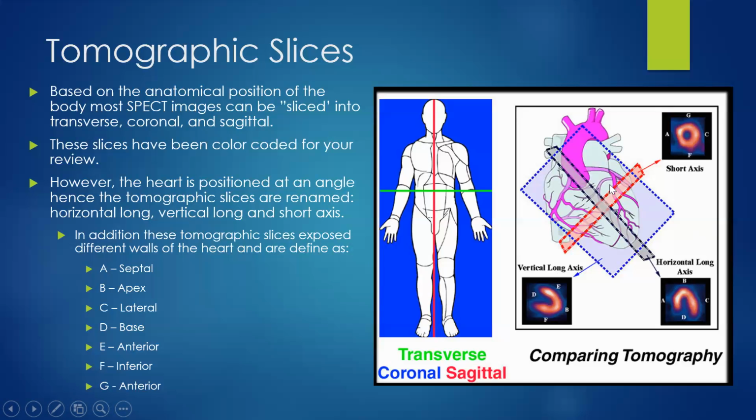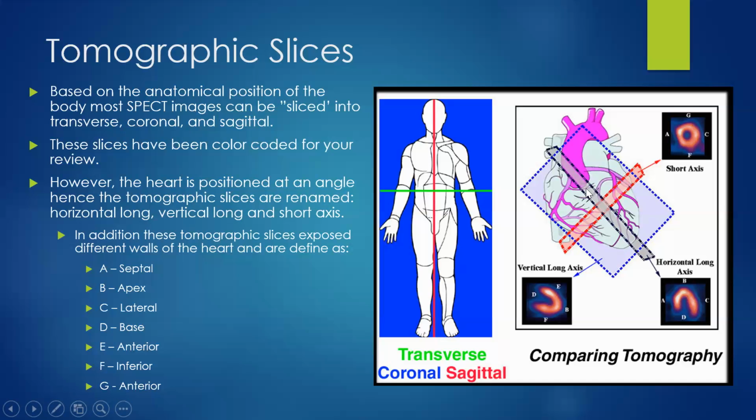And if you look at these planes, you can see that the blue plane is the vertical long, going up, really dorsally and vertically, going through the heart. We then have short axis, going from apex to base, and then left to right, we have horizontal long, which is the black angle right here.